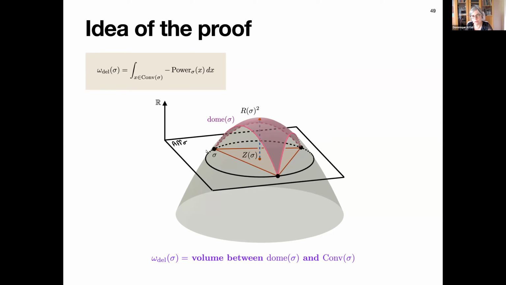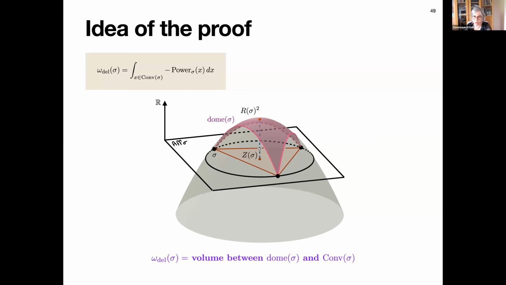And for this, you're going to associate to a simplex sigma a paraboloid in R^(d+1). So sigma has dimension d, and I'm constructing this paraboloid in R^(d+1) in such a way that its axis is vertical. It's going to pass through the circumcircle of sigma.